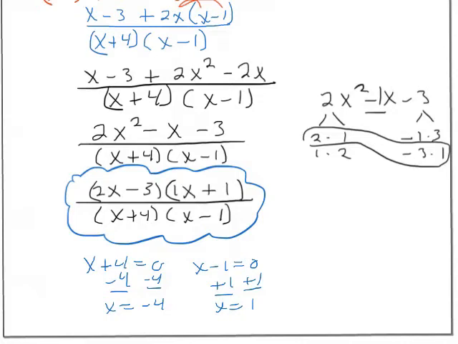So to finalize this answer, to get my full answer the way the directions ask me to, I need to put a comma there, and say x not equal to negative 4 and x is not equal to 1. Now we are completed and ready to go on to another problem for you to try.